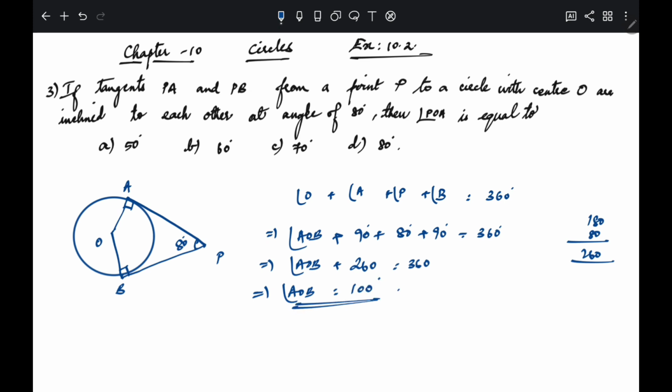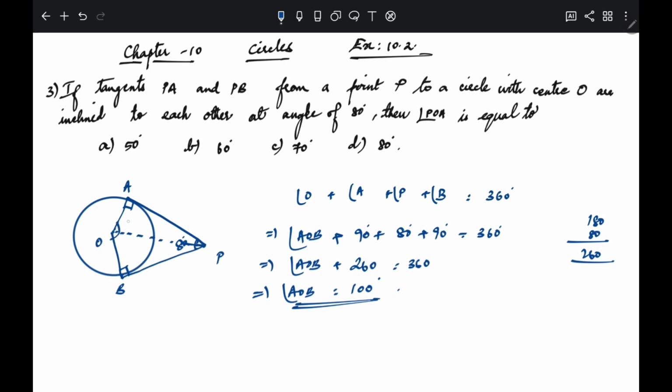We also know that tangents drawn to a circle from an external point subtend equal angles at the center, which states that angle AOP is equal to angle BOP.